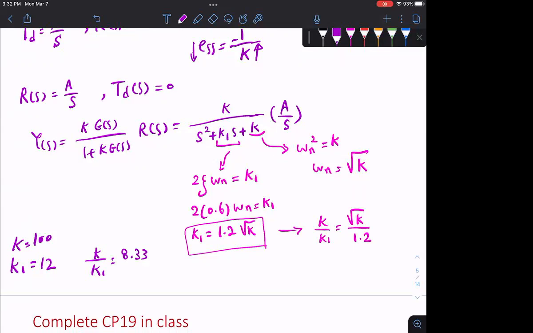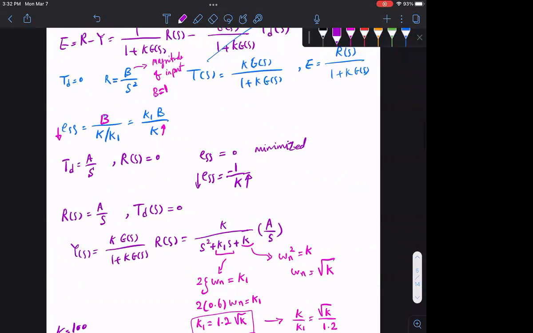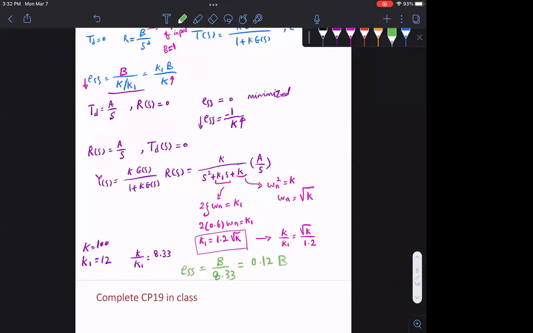All right. Now, if you go back here, we had the K K1 relationship, right? So I can say ESS is B times 8.33, which is 12% of B. B was the magnitude of my disturbance, right?